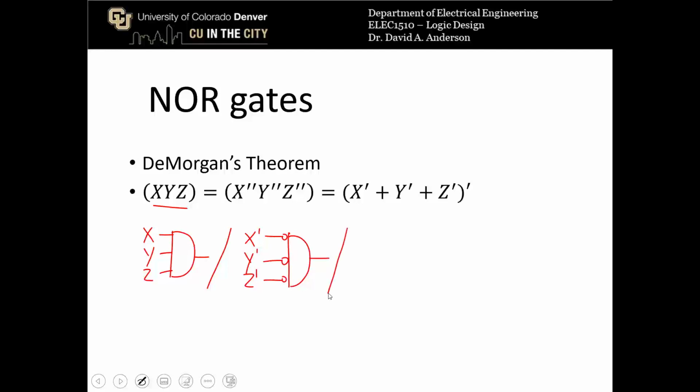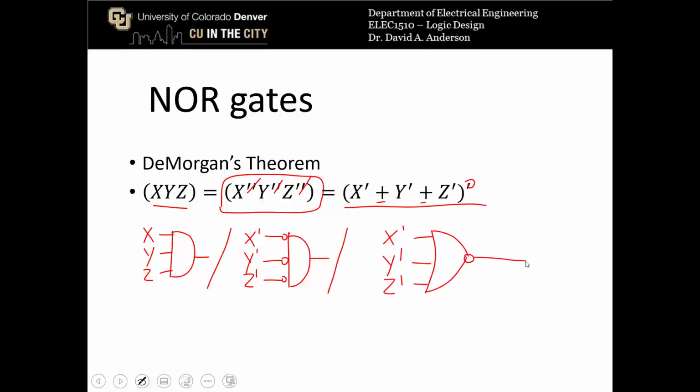But then when we apply DeMorgan's theorem on this term, we would get rid of one of the complements for each variable. We would change the operation to OR, and we would complement the output. And so when we draw this function, we get x', y', and z' as inputs to a NOR gate.